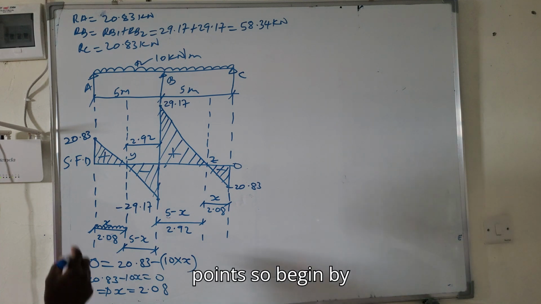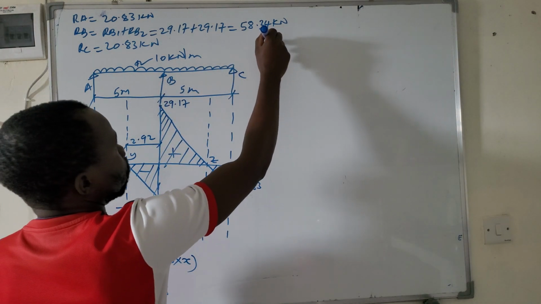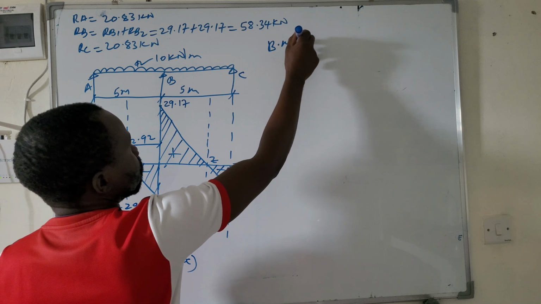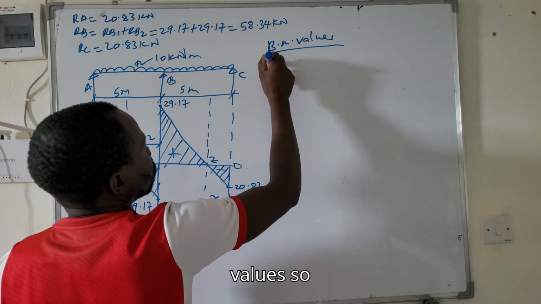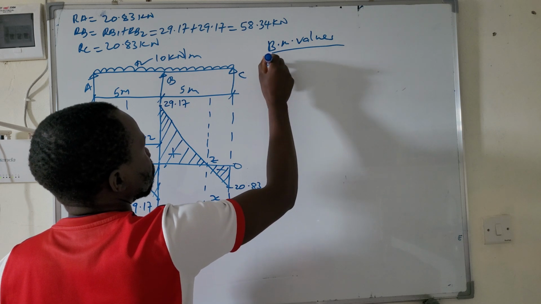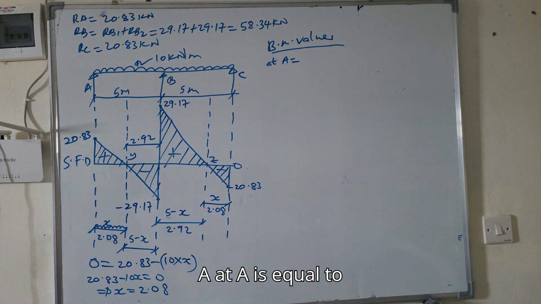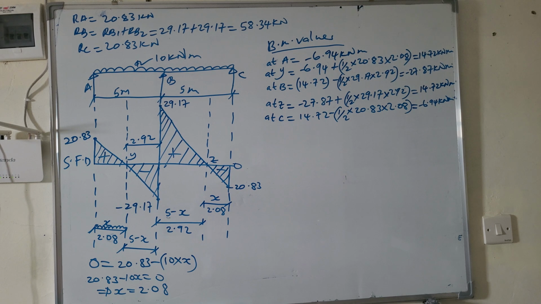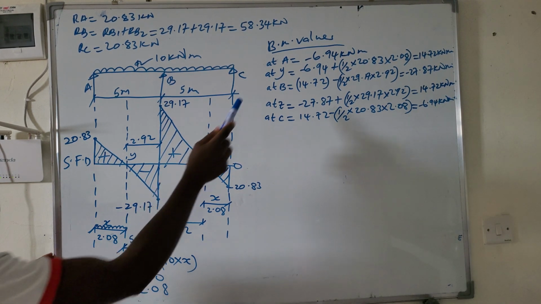So begin at A. So bending moment values. At A, this is our bending moment value.